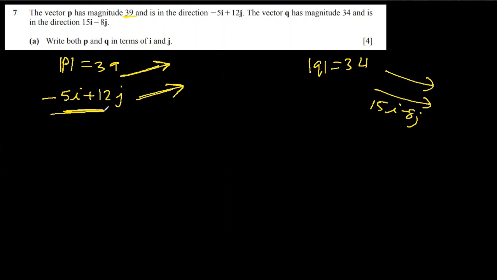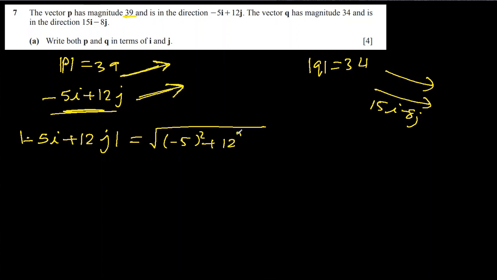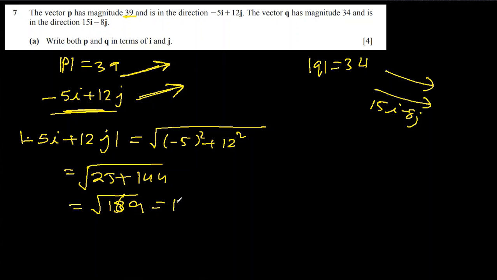So we'll find the magnitude of this one first, which is minus 5i plus 12j. Let's find its magnitude, which will be the square root of minus 5 square plus 12 square, which is square root 25 plus 144, square root 169, which is equal to 13.